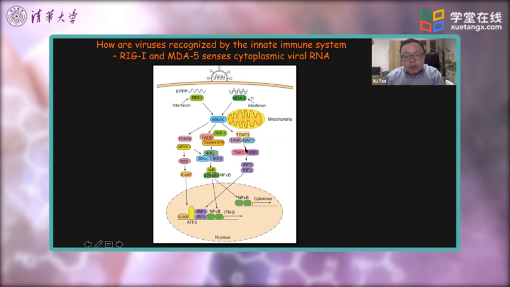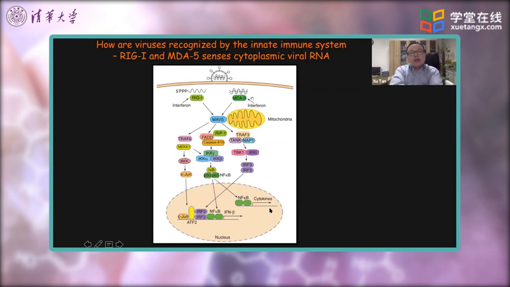of protein modifications. And this signal cascade then activates a master transcription factor called NF-kappa B, which then drives the expression of type 1 interferon as well as other cytokines.